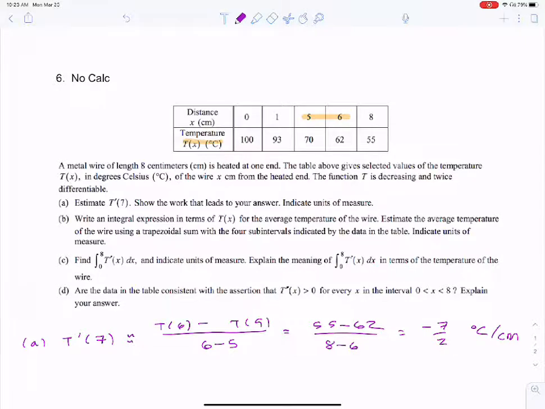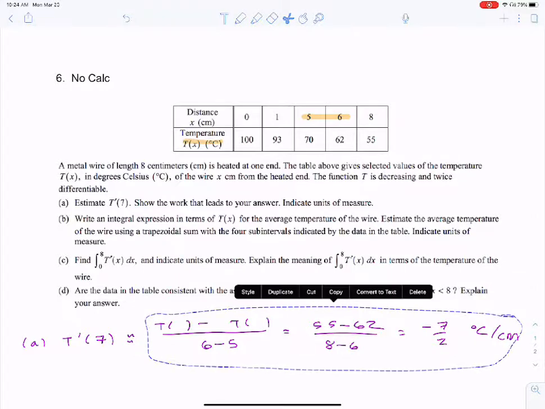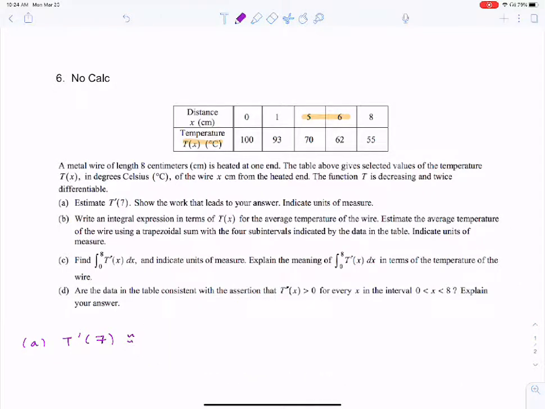Okay, so, oh, no, you are right. I am wrong. I don't know why I did that. Thank you for catching that. You are absolutely right. I don't know what I was thinking. So let me fix that. It is absolutely between 6 and 8. I don't know why, because I can't count, apparently.